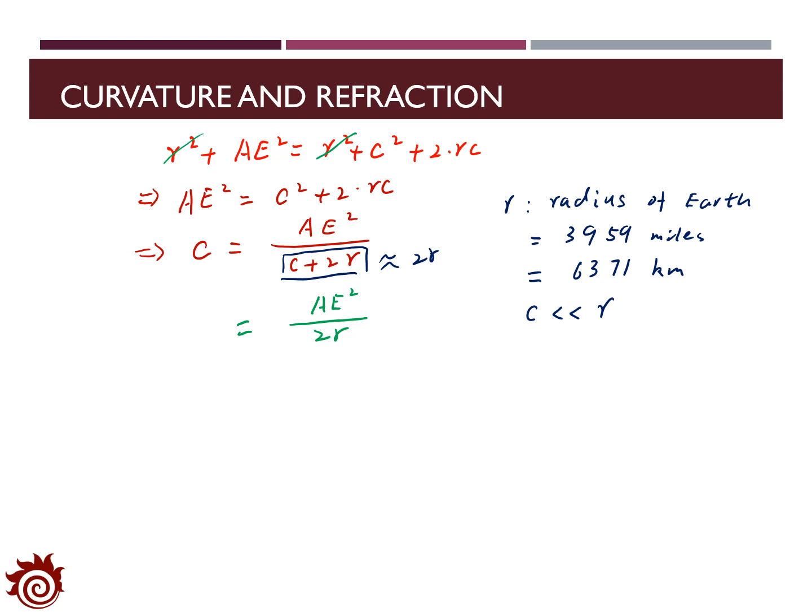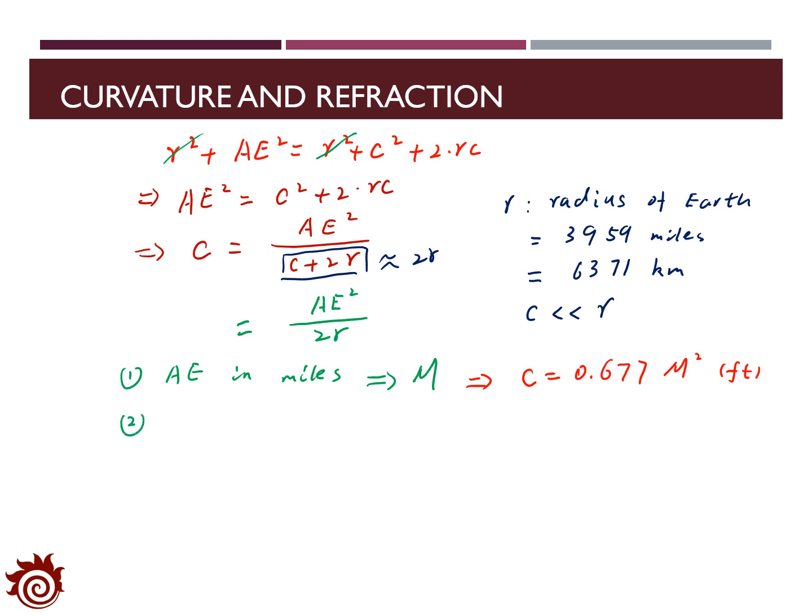If AE is measured in miles, which we will replace with M, then we will have the updated equation as C equals 0.677 M squared, and the unit for this one is feet.